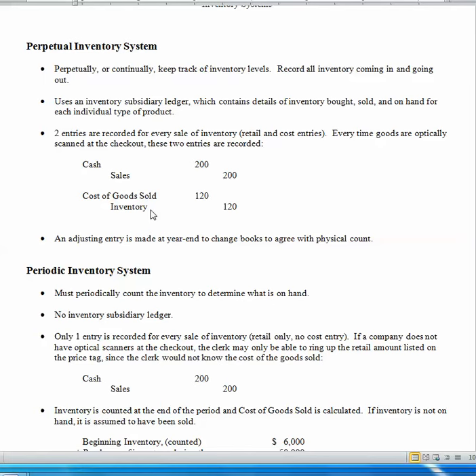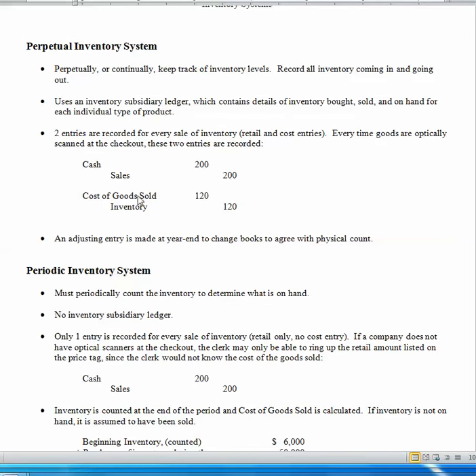These companies also have what's called an inventory subsidiary ledger, which if you were talking about an old-fashioned manual system, could be a separate page in a 3-ring binder for every different inventory item, every different type of product the company has. Every time they buy some of that product, they increase that page of the subsidiary ledger.